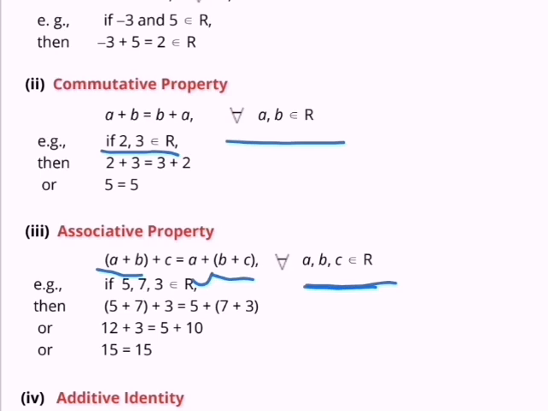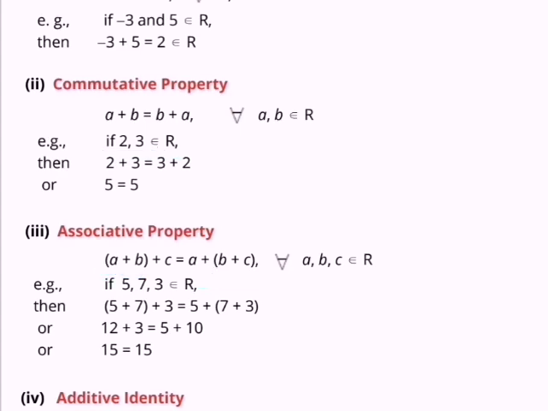For example, if we consider three real numbers 5, 7, 3 belonging to the set of real numbers, then (5 plus 7) plus 3 is equal to 5 plus (7 plus 3).